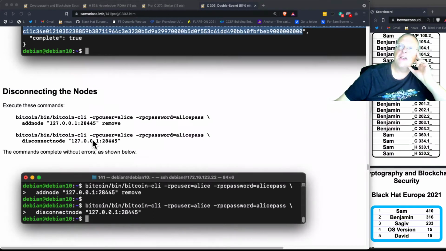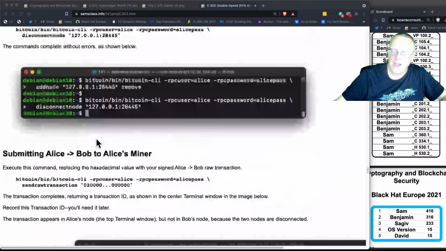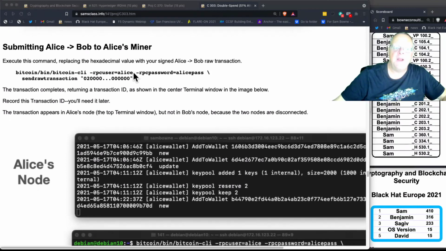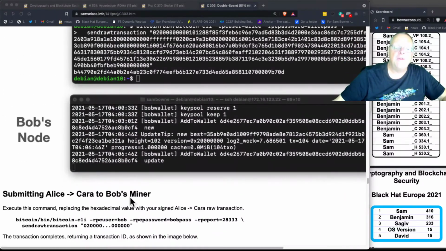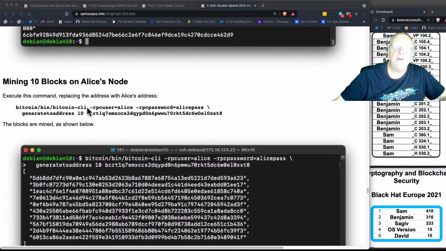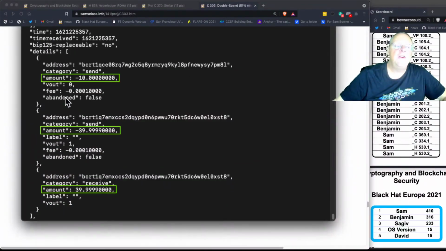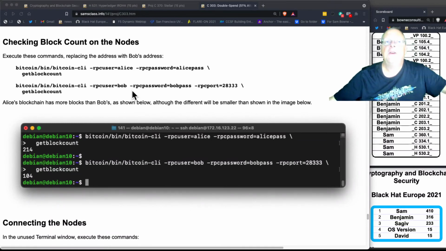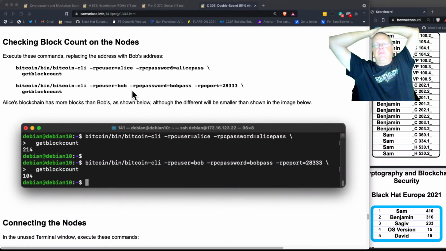You disconnect them so they will not talk to each other for a while, and then you submit the two transactions, one to Alice's node, spending the money, and another one to Bob's node, spending the same money to a different person. And then you pick which one you want to win and mine 10 blocks. Then you connect them again, and you will see that one of those transfers is canceled and the other gets through. So that's the 51% attack.